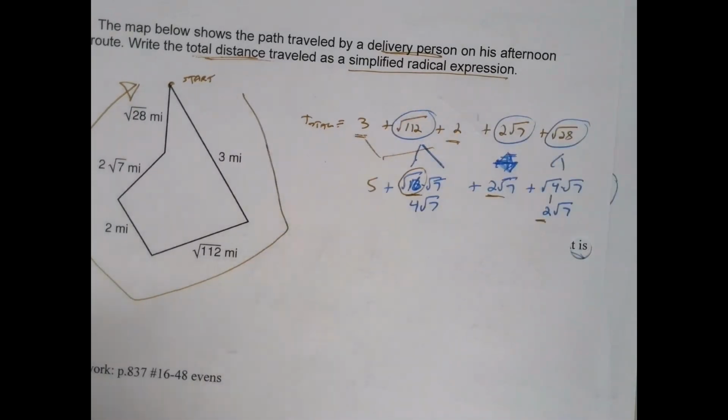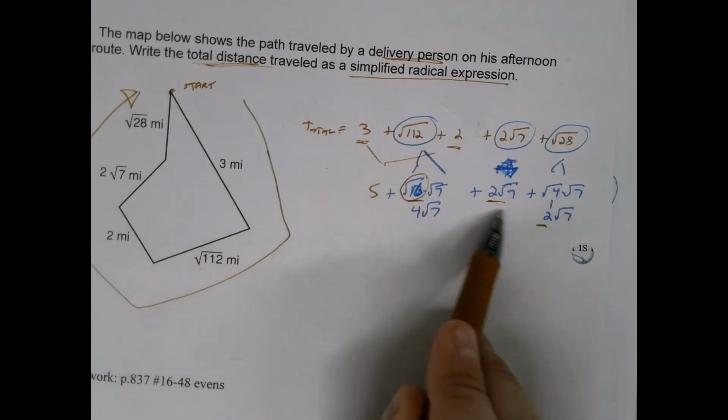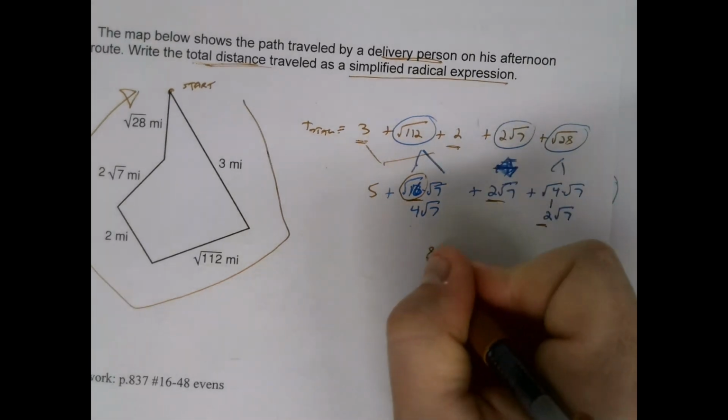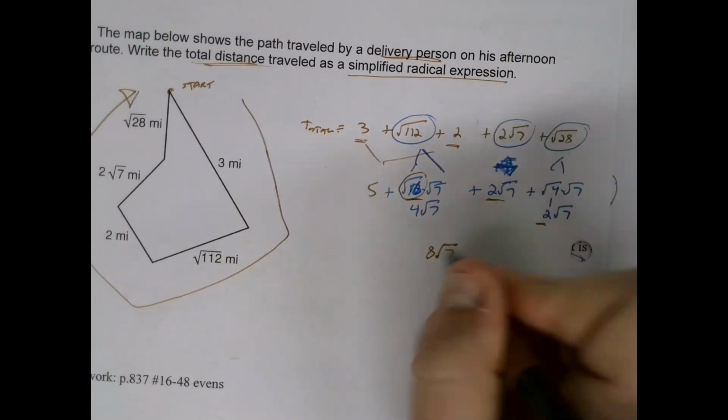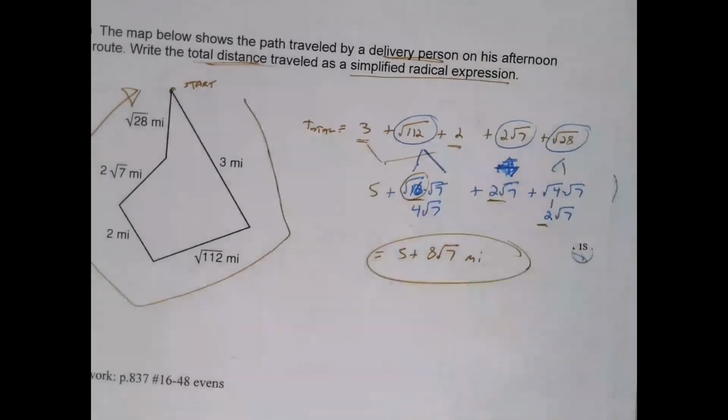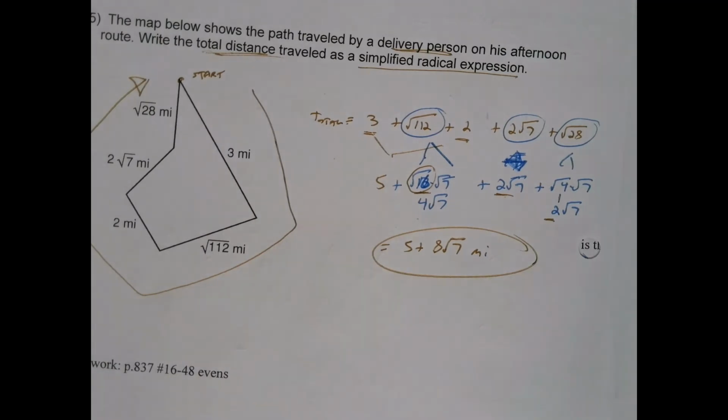So let's put all our root 7s together. How many root 7s do I have? 2 plus 2 plus 4. So that's going to be what? 8, right? So we got 8 root 7s plus the 5, or 5 plus that. So that's your total distance in radical form. Okay? So kind of neat, just using that kind of stuff.